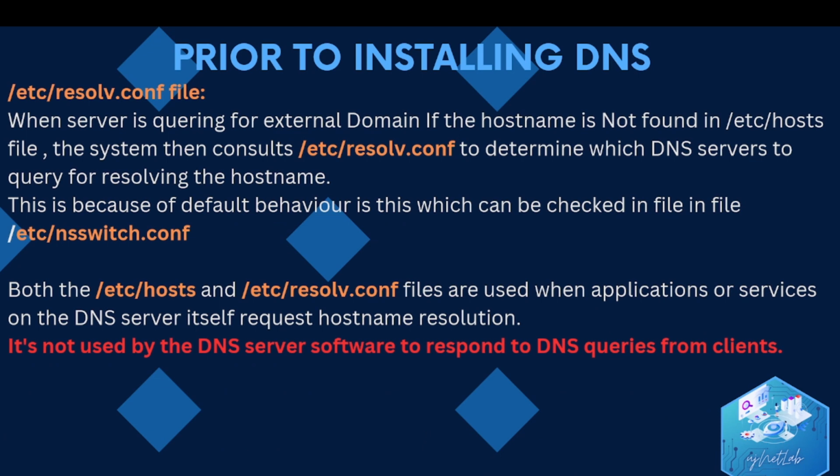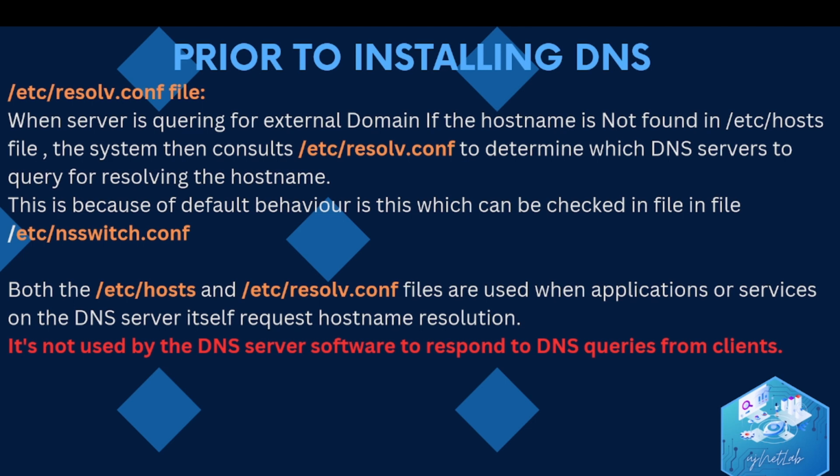Yes, the default behavior is defined in this file, which is called the nsswitch file. When the server is querying for an external domain, if the host name is not found in the /etc/hosts file, the system will consult the /etc/resolv.conf file to determine which DNS server to query for resolving the host name.